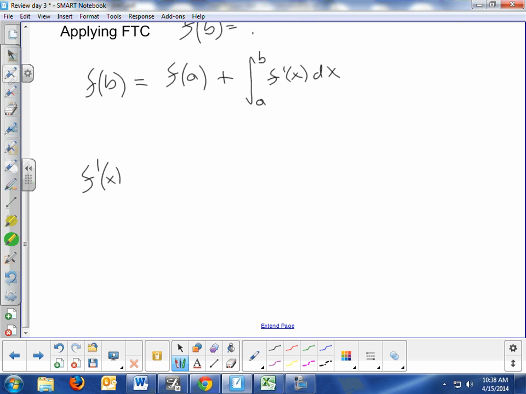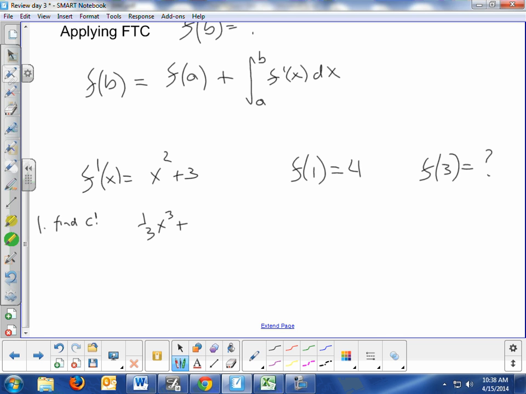F prime of x is equal to, say, x squared plus 3. F of 1 is equal to 4. What's f of 3? One simple way is if I could find the antiderivative of this, and I can essentially find c and find what f of 3 is. So I take the antiderivative, I get 1/3 x cubed plus 3x plus c.